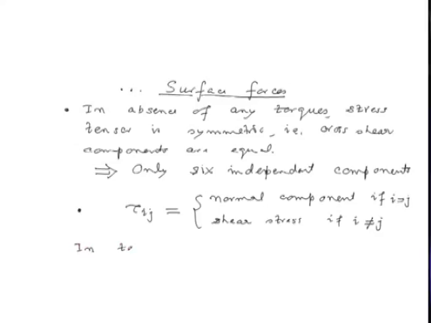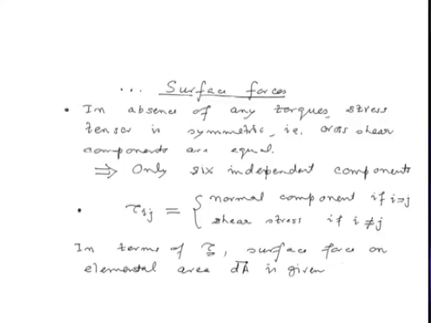So, in terms of tau, the surface force on elemental area dA is given by dF_s, a dot product of the stress tensor with the area vector.